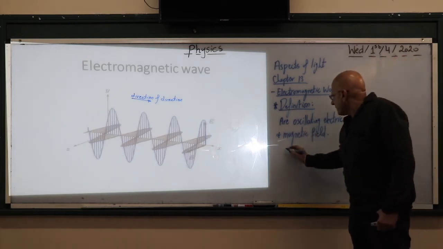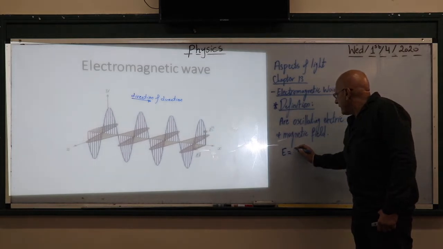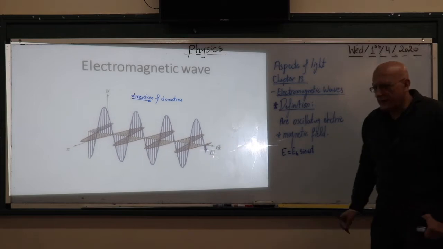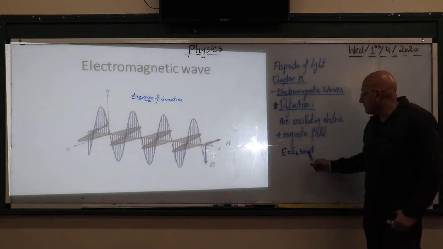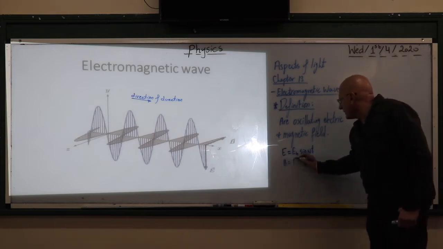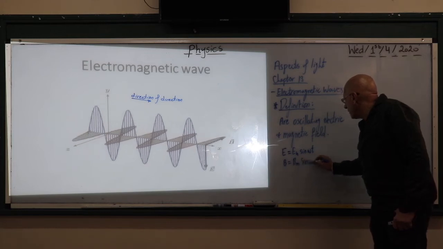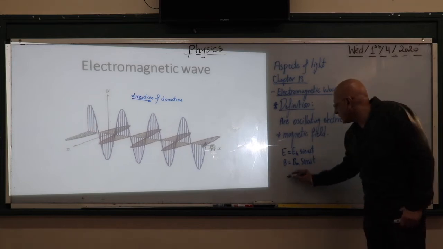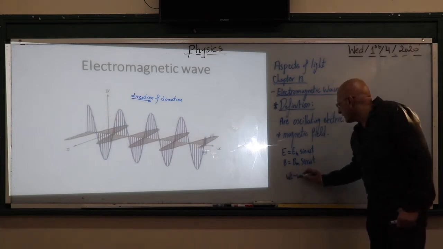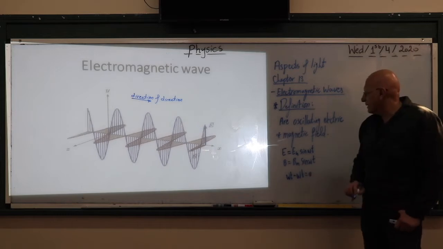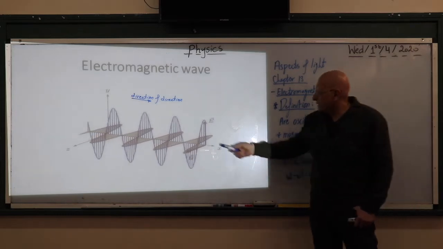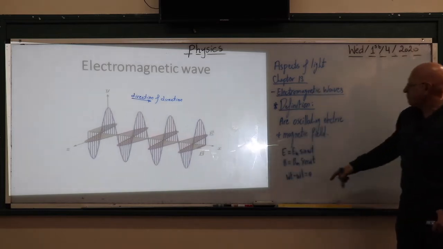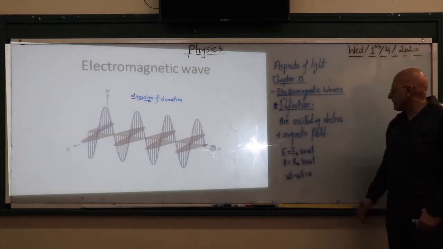E equals Em sine omega t, and B has the same form, B equals Bm sine omega t. They are in phase. Notice here that the phase difference between them is zero. If I find the phase difference, I get zero. Because they are in phase, they reach maximum, minimum, and zero at the same time. So these are the expressions of E and B.